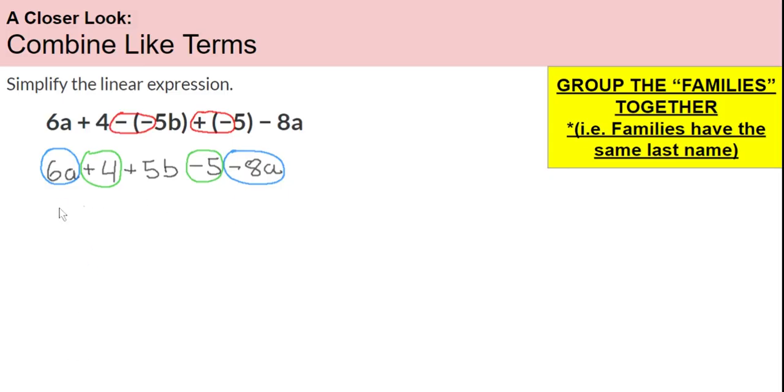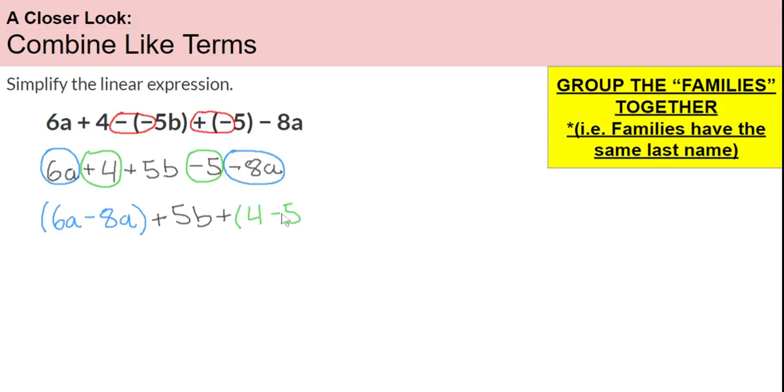All right, let's group the families then. 6a, and then I have minus 8a, and then I'm going to do the b's next because I like to put things in alphabetical order, a, b. There's no other b, so I don't need to put b in a grouping symbol. And then I got positive 4 minus 5.